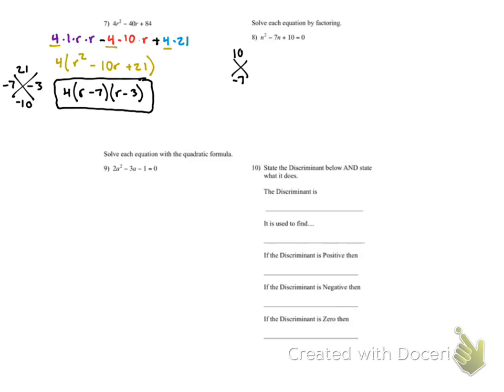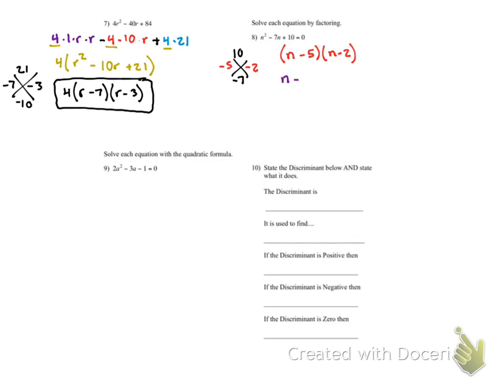10, negative 7. What multiplies up to 10 and adds to negative 7? That's negative 5 and negative 2. So our factors are n minus 5 and n minus 2. Now to solve these, we have to set them equal to 0.